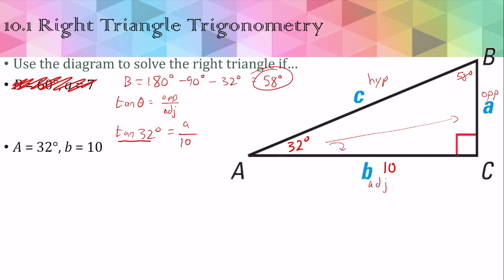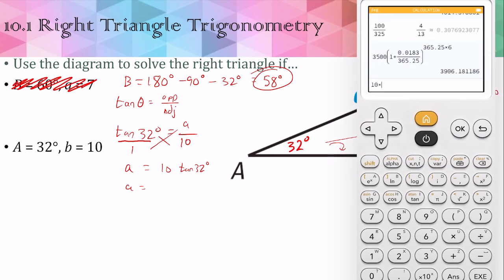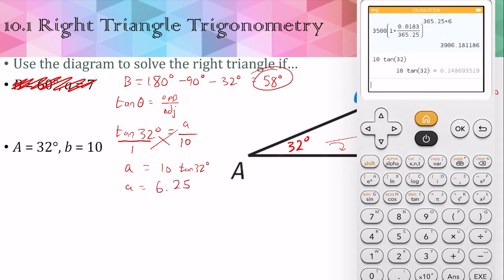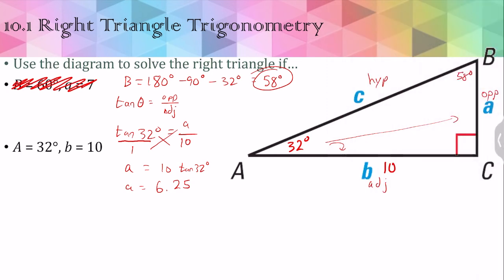So if I make this a fraction, I can cross multiply. And I can pull out my calculator. Go 10 times tangent of 32 is 6.25. Let's do the same idea to find the hypotenuse.